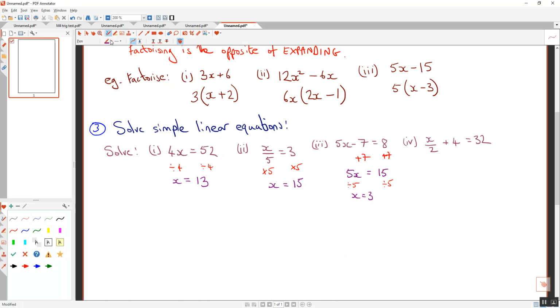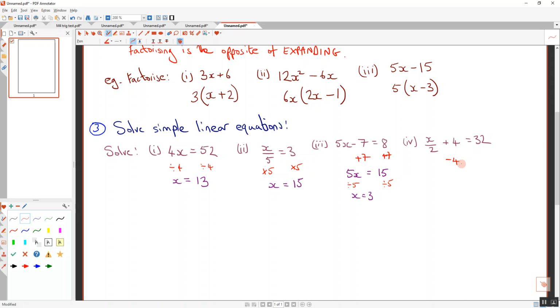Grayson, the last one. Since it's x over 2, which is division, you have to reverse that by putting brackets and multiplying it times 2, x over 2 times 2. Well, Ian, what do you think? So you first have to take away 4. Yep.